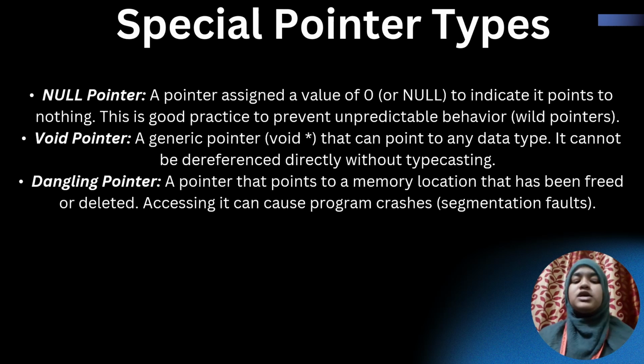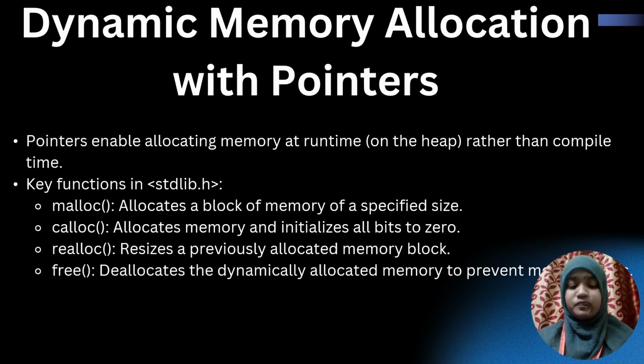Next is the void pointer, a generic pointer that can point to any data type. It cannot be dereferenced directly without typecasting. Second is the dangling pointer, a pointer that points to a memory location that has been freed or deleted. Accessing it can cause program crashes, segmentation faults.